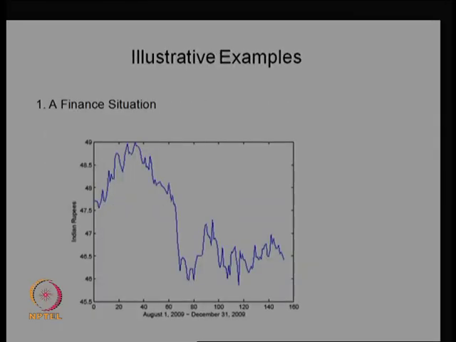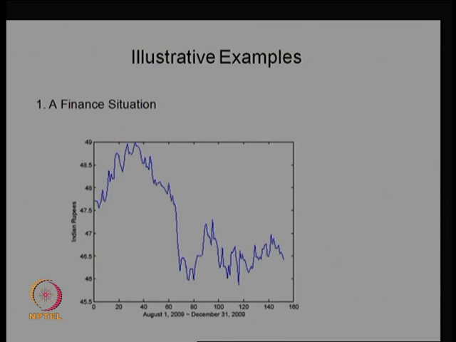First, let us see the first example, which comes from a finance situation. This is actual data captured over the period from August 1, 2009 to December 31st, 2009, of the current price of $1 in Indian rupees.